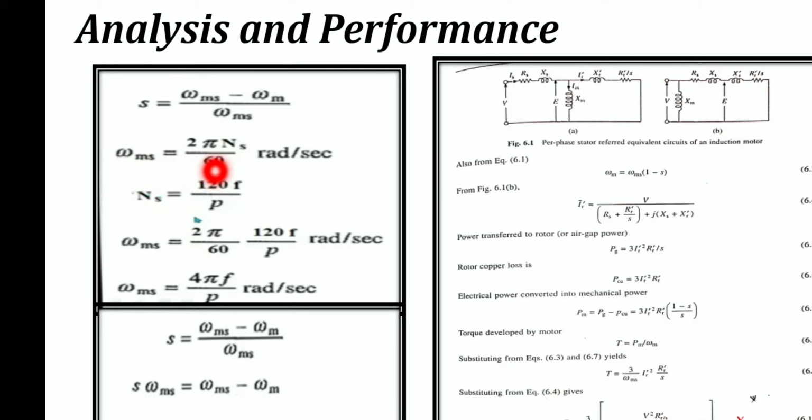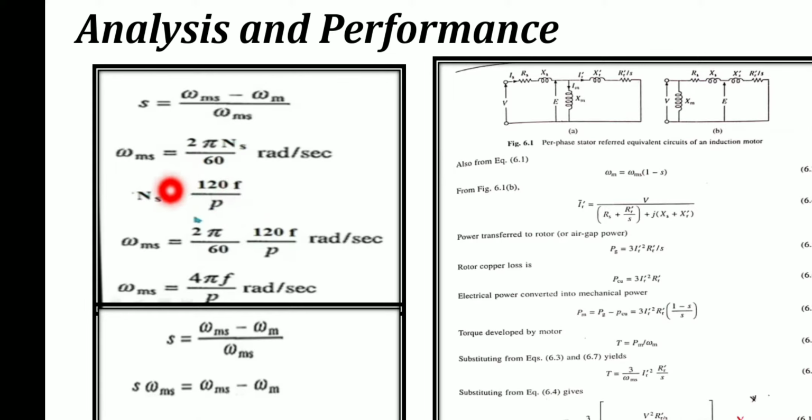So now we know the definition of the angular synchronous speed. Omega ms is equal to 2 pi Ns divided by 60, as we already know that omega is equal to 2 pi N divided by 60. But with respect to the synchronous speed I am considering, S stands for synchronous speed, angular synchronous speed. That is the reason for 2 pi Ns divided by 60 here. And what is the formula for the synchronous speed Ns? Ns is equal to 120 f divided by p itself.